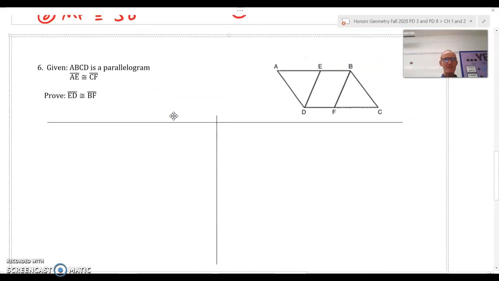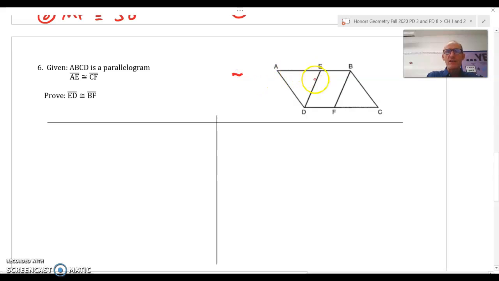Now 6 says that ABCD is a parallelogram. So if ABCD is a parallelogram and AE, which is this piece right here, is congruent to CF, which is this piece right here, we have to prove that this segment, ED, right there, is congruent to BF right here.